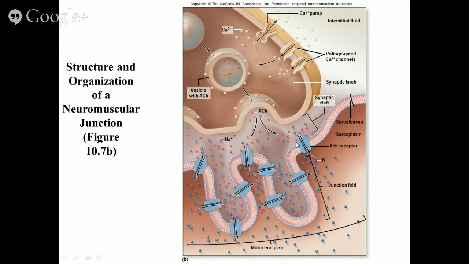And the acetylcholine binds to these receptors, and once it binds to the receptors, it's going to make a magical thing occur where we're going to begin to see sodium ions flood into the muscle cell, which when these sodium ions flood into the muscle cell, that's when the muscle cell will produce its own electric current, which will travel up across the sarcolemma and then go into the depths of the muscle cell to ultimately lead to the muscle cell contracting. And that's where I'm going to stop this video right now.